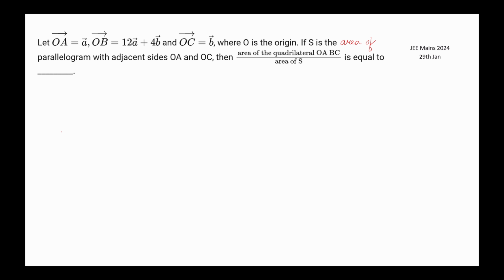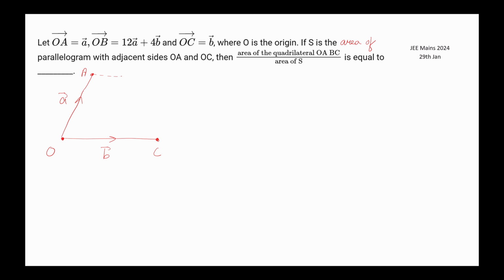So first let us draw the diagram. What have they told us? We have an origin which is O. They've given us another point C, OC, and this is our b vector. There is another point, let's say this is our A point, and this vector is our a vector.